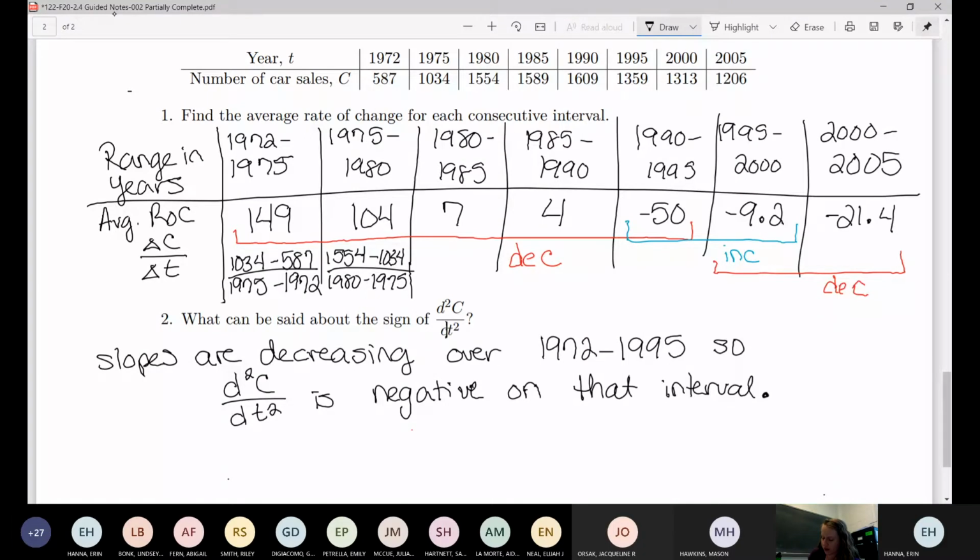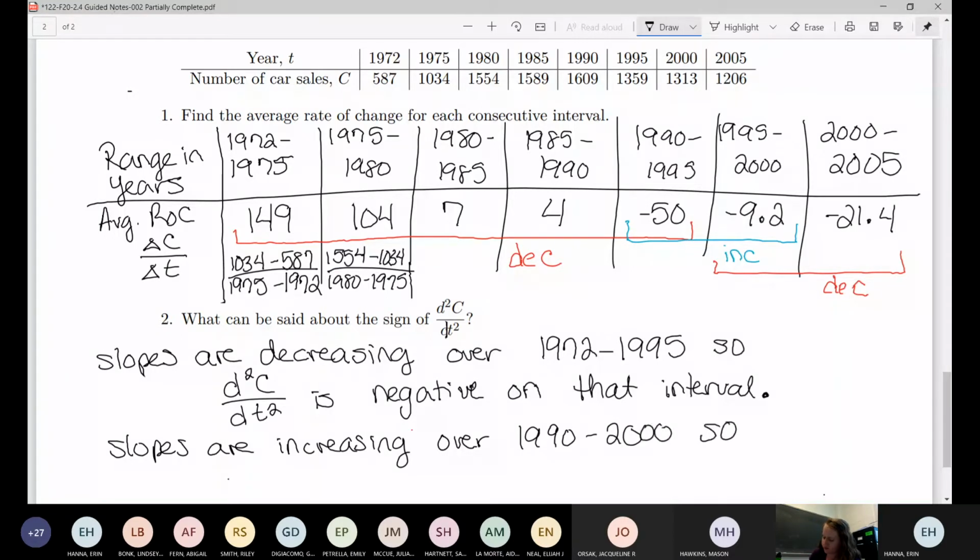So in a similar way, the slopes are increasing over, and again, this is where we've got these really bad looking overlaps, from 1990 to 2000. So the second derivative is positive on that interval.